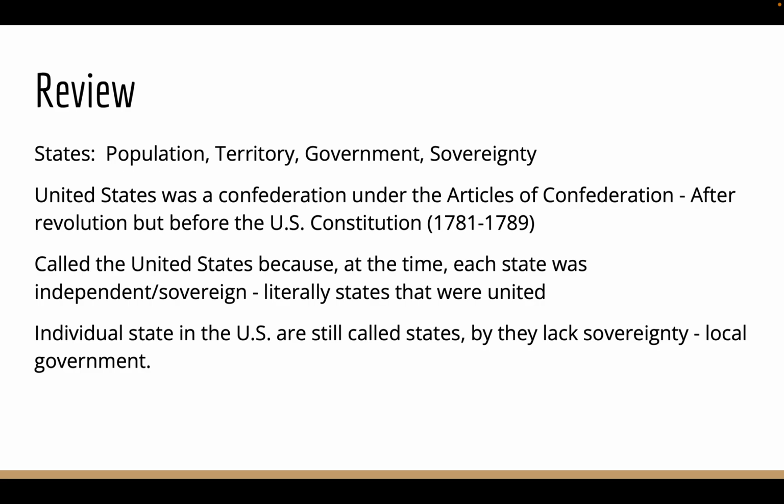So really the individual states in the United States, although we still call them states, lack sovereignty. They're more like local governments that have power, that can make decisions and rules for their own individual location, like Indiana would be considered a local government.